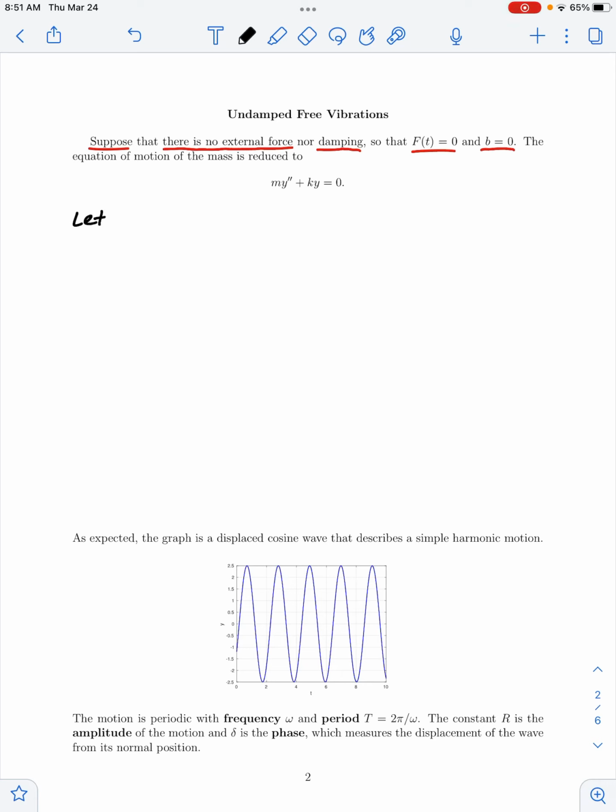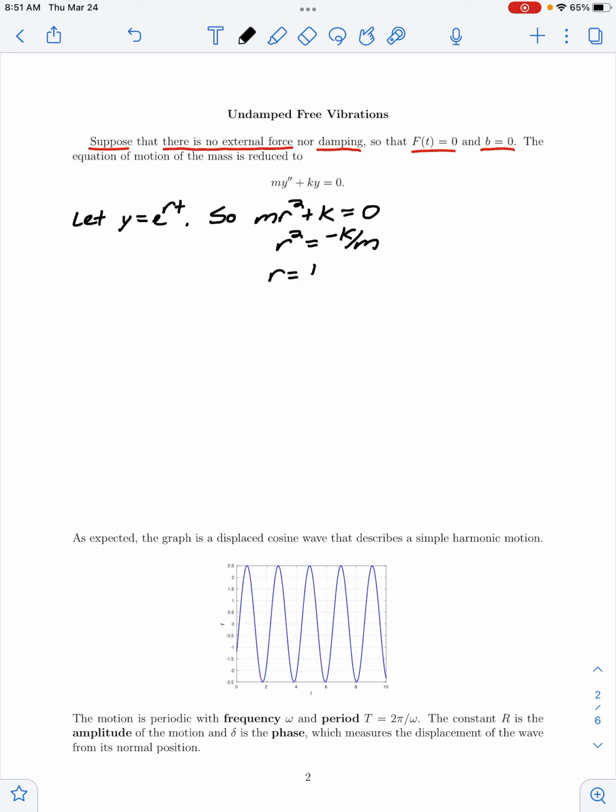If we look for solutions of the form y equals e to the rt power, then r is a root of the characteristic equation mr squared plus k equals 0. And it follows that our roots would satisfy r squared is negative k over m.